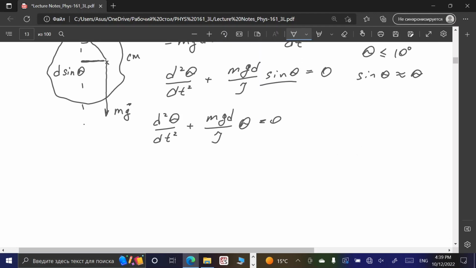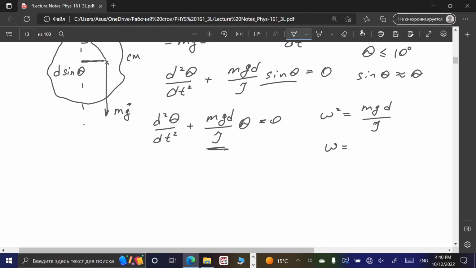Again, if we solve it, the solution will be exactly the same as for the previous two cases. The difference will be only in this prefactor next to theta, which gives us omega squared. That is mg times d over I, the moment of inertia.